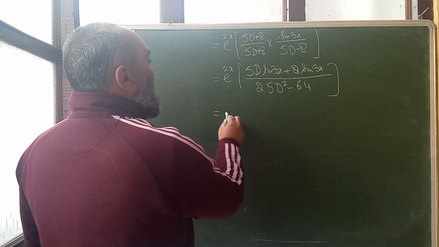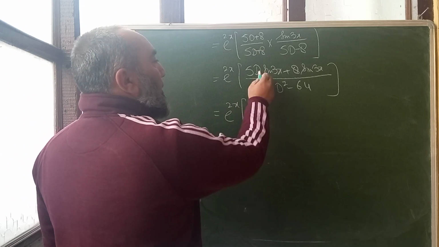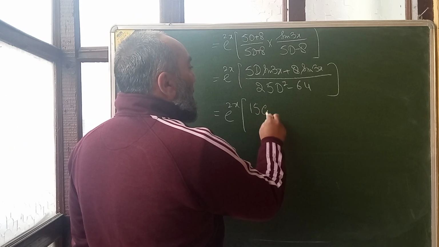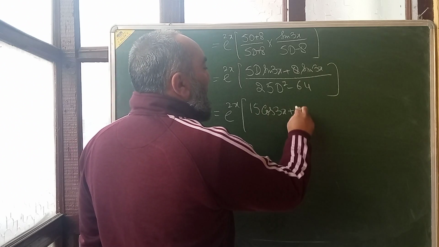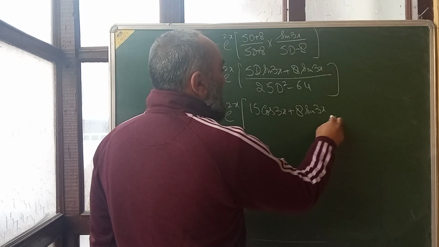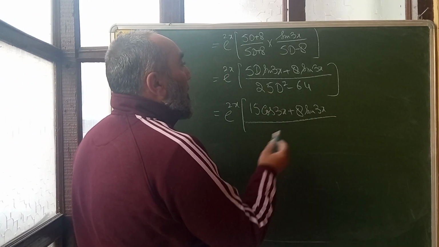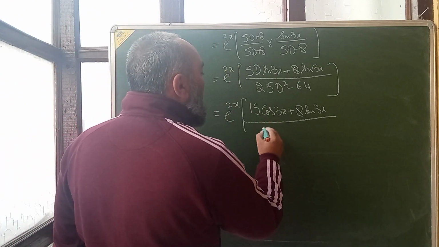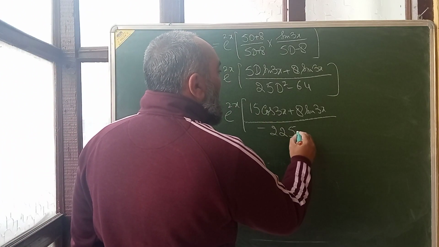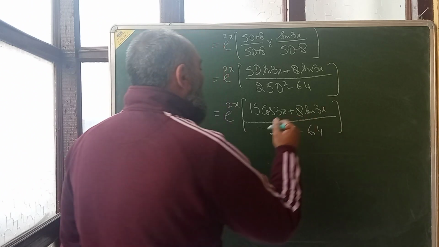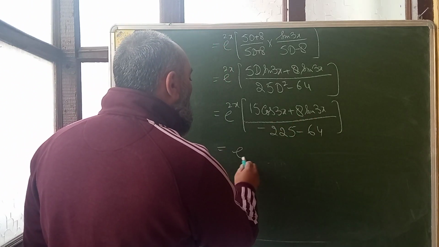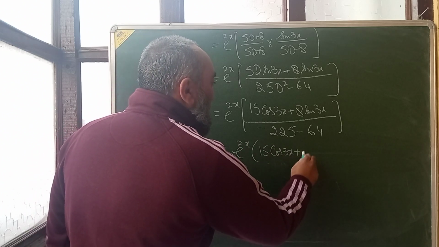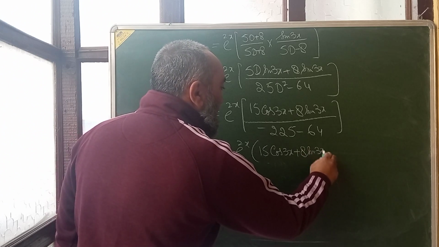The differentiation of sin 3x is 3 cos 3x, so 5 times 3 is 15 cos 3x, plus 2 sin 3x. D square was minus 9, and 25 into 9 is 225, so minus 225 minus 4. So the particular integral is e raised power 2x, 15 cos 3x plus 2 sin 3x, divided by minus 229.